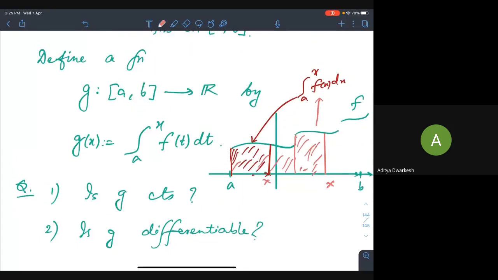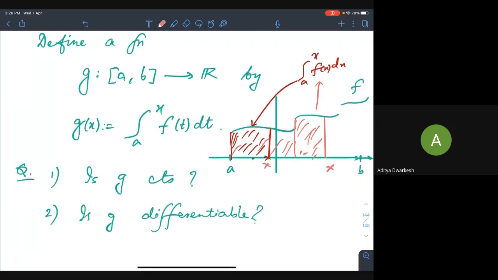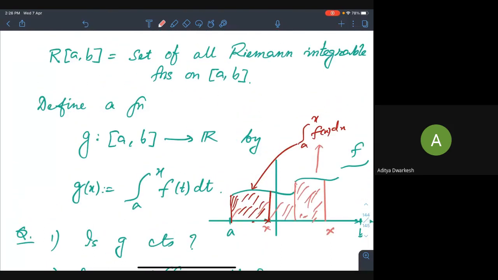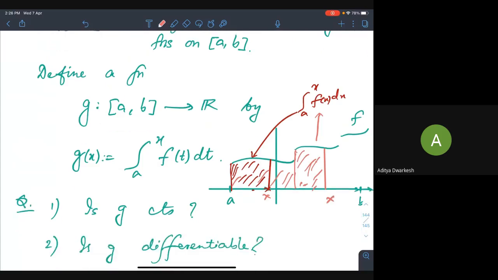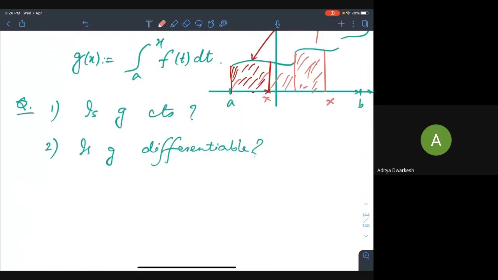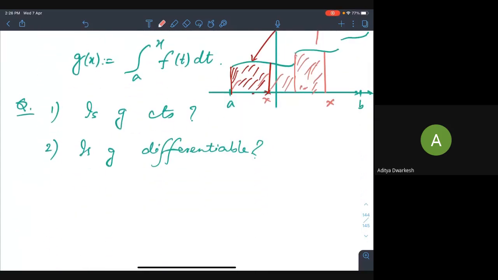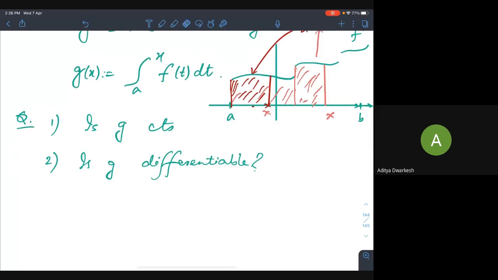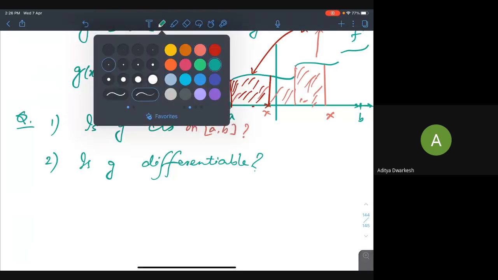Yeah, so we want to look at this function, which is actually the area from a to x under the curve f, if it is a curve. So geometrically, this function is an area function, and the question is whether g is continuous on [a,b], differentiable on [a,b].